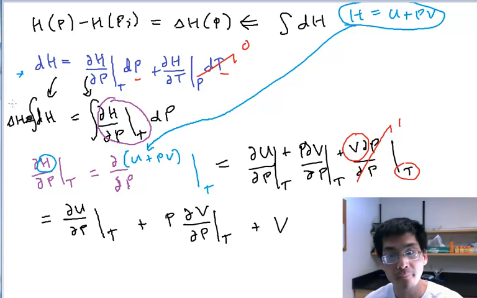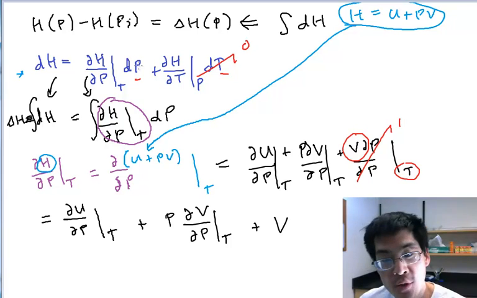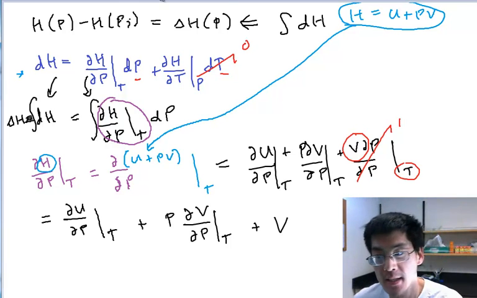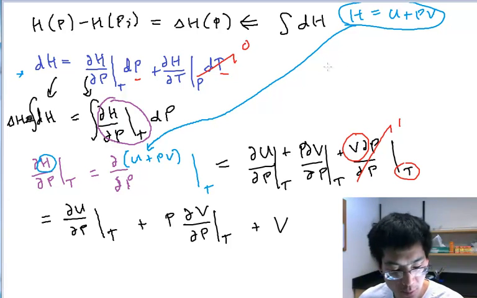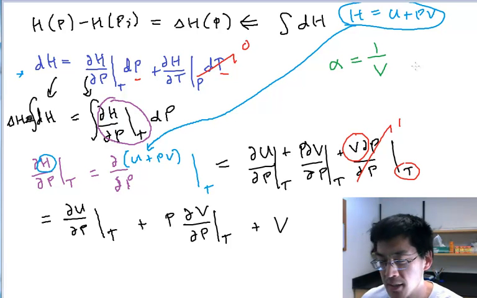Okay, now what's our next step? You determine your next step by seeing what you need in this problem. The equation that's given contains an alpha. So you need to get the alpha out of these three terms somehow. But alpha is the coefficient of thermal expansion.